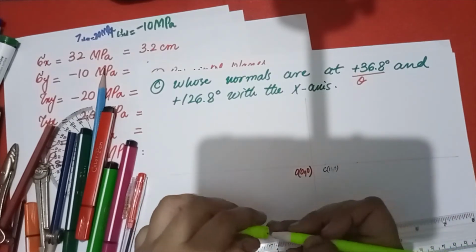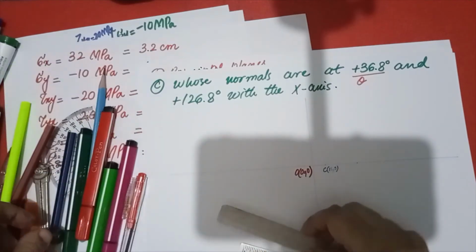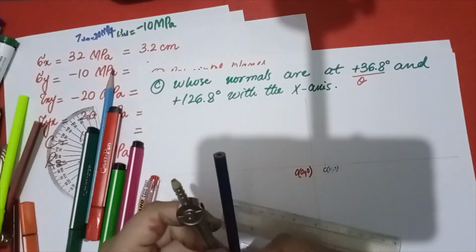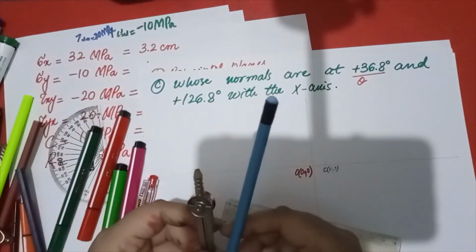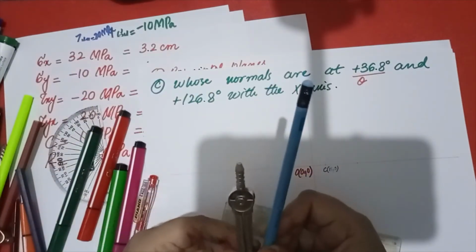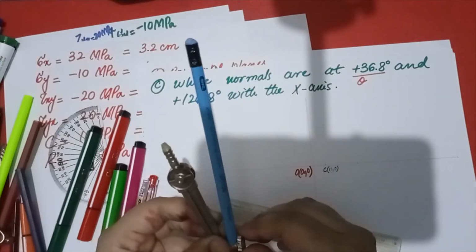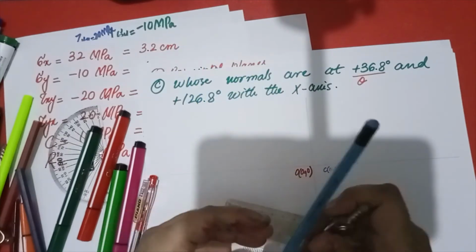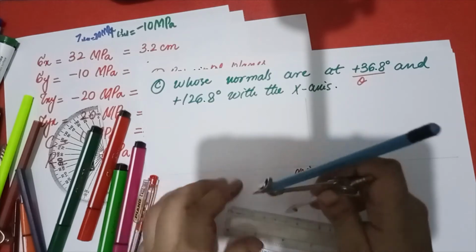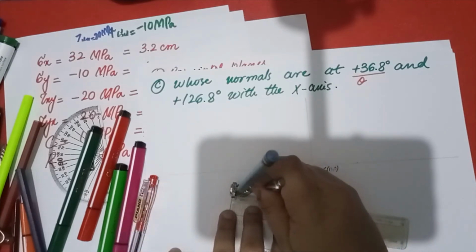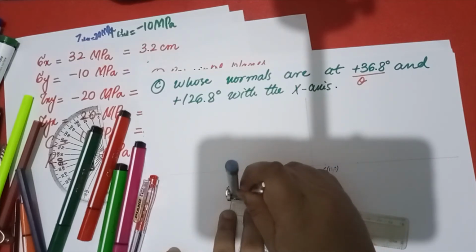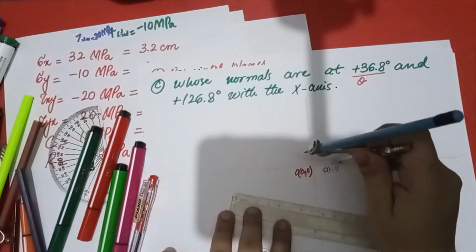So what I have to do is draw the circle. For this purpose, may I take this pencil? So let's try this one. The radius is 2.9 centimeter.